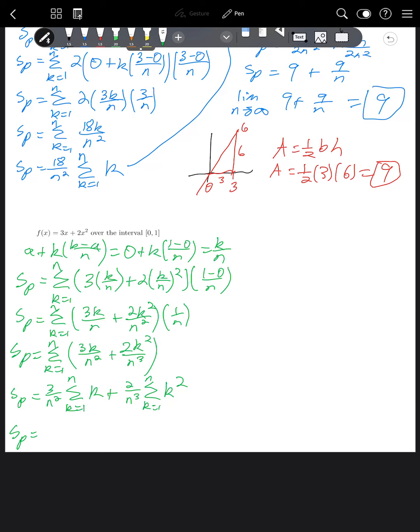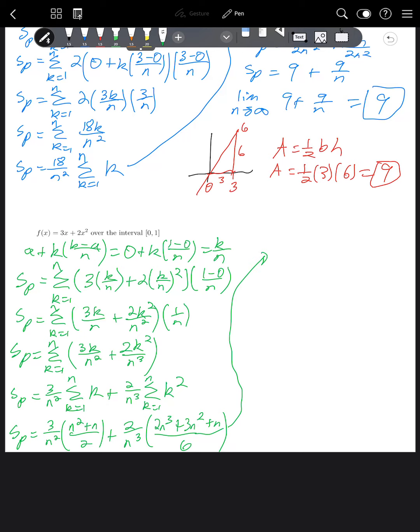So this is S sub p equals 3 over n squared times the sum of the first k, which is n squared plus n over 2, plus 2 over n cubed times the sum of the first k squared, which is 2n cubed plus 3n squared plus n over 6.